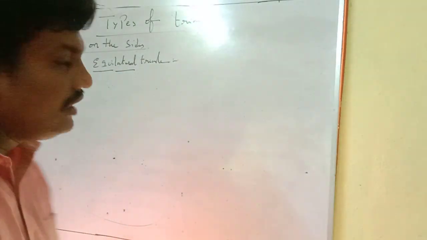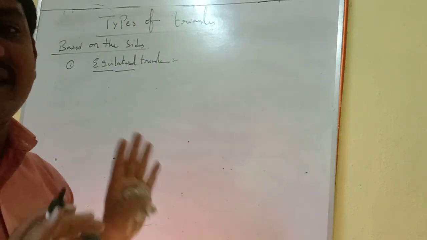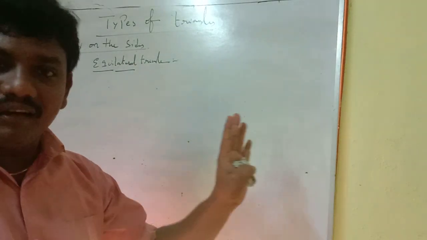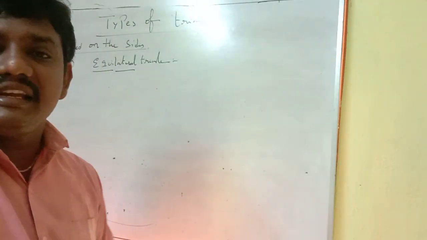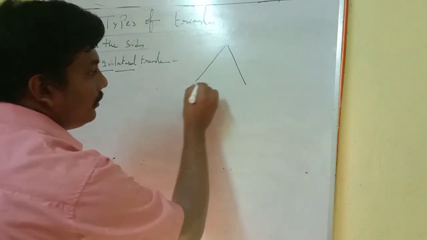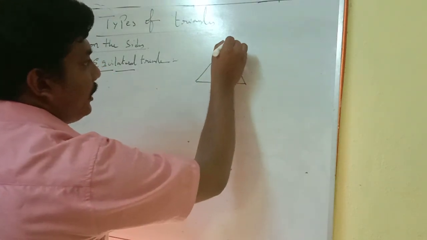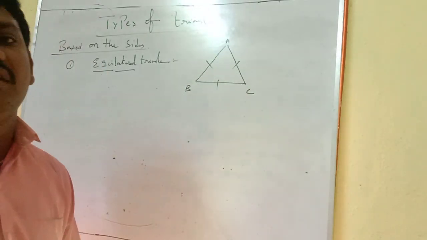Equal sides. The triangle which has all three sides equal is known as an equilateral triangle. A, B, C. All the three sides are equal.